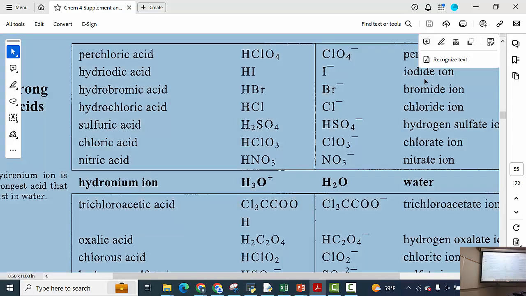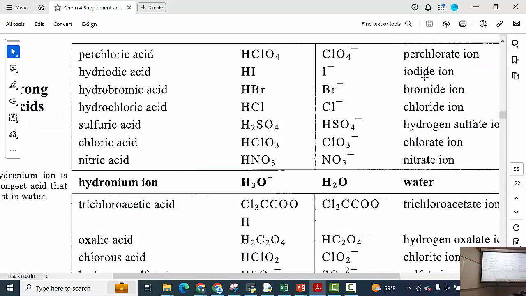Iodide ends in IDE, the acid is hydroiodic acid. Bromide ends in IDE, the acid is hydrobromic acid. Chloride ends in IDE. Hydrochloric acid.